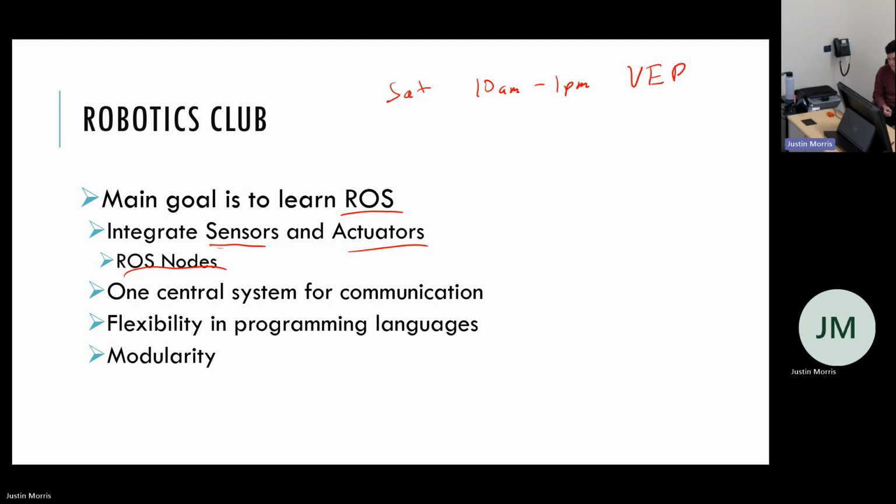The reason that we like ROS, and also, again, industry likes ROS: NASA uses ROS, Boston Dynamics uses ROS. Those assembly arms, like at a car assembly line, those are running ROS.